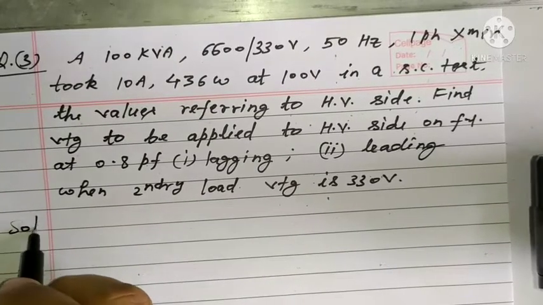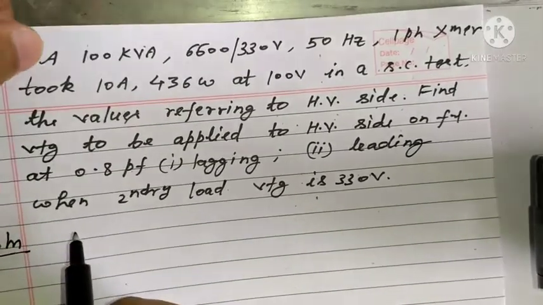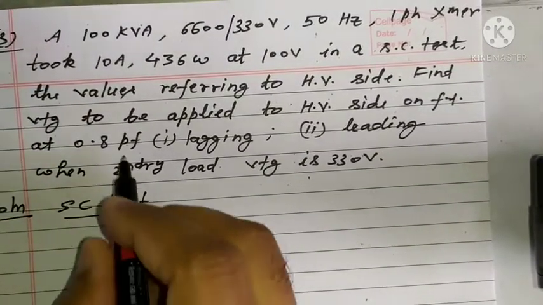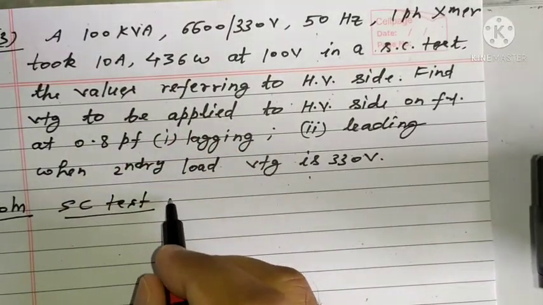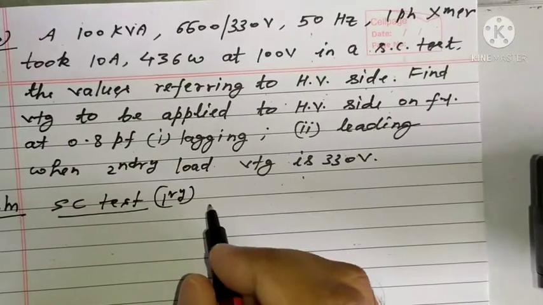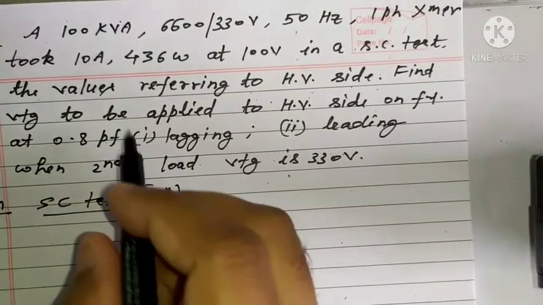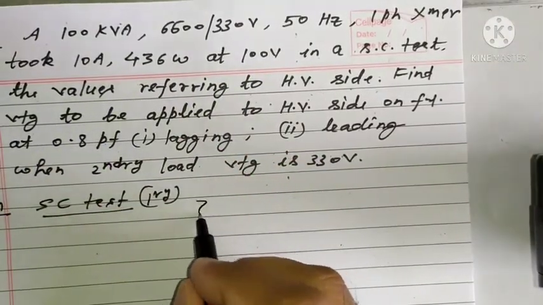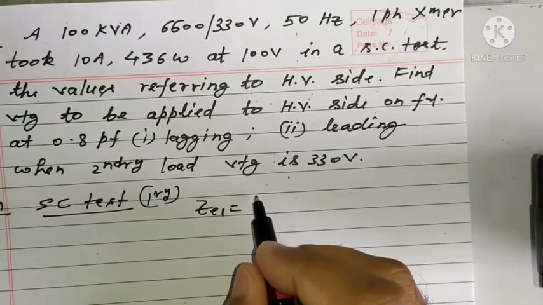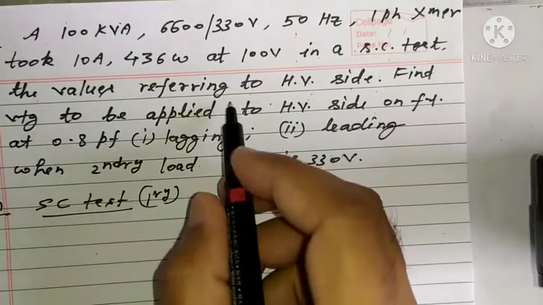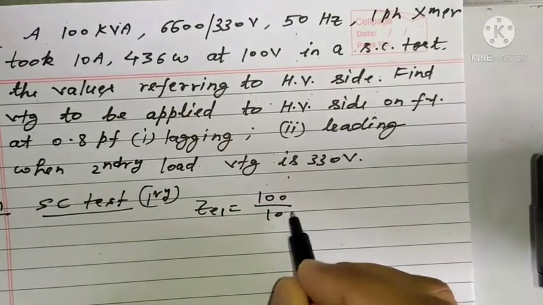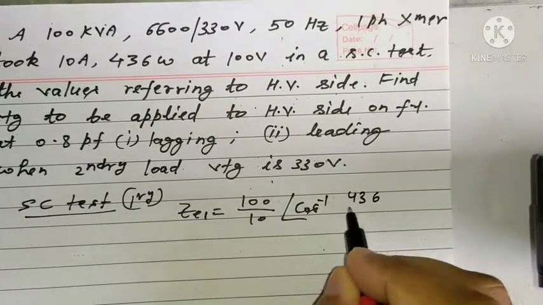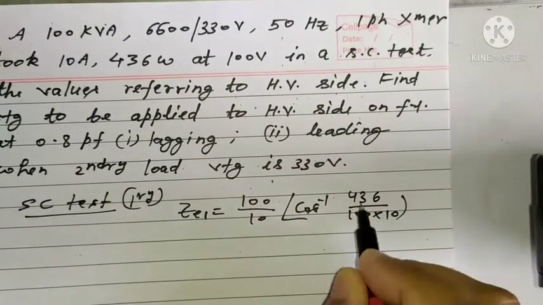So from the SC test, right? The SC test is conducted on which side? HV side, that is primary side. So I have short circuit voltage, short circuit current and power. So ZE1 can be written as VSC by ISC, VSC is 100, ISC is 10, at an angle of cos inverse WSC by VSC into ISC, WSC is 436.